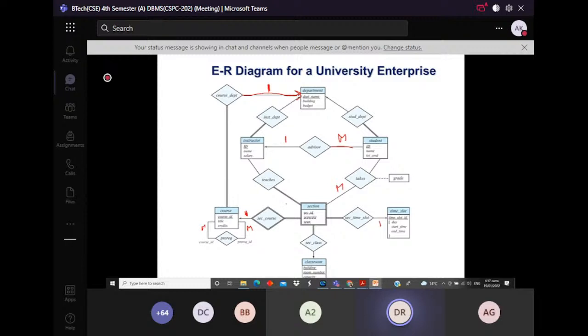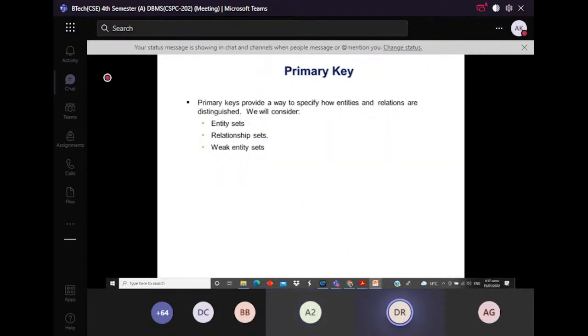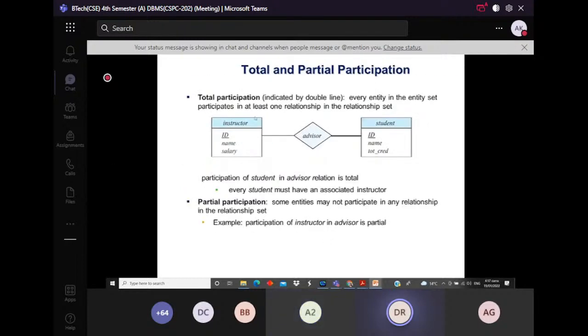But there are some other notations also. At some places you will see these double lines. Are you seeing these double lines? Yes, ma'am. So what is the meaning of these double lines? For this you should understand the meaning of total participation and partial participation.